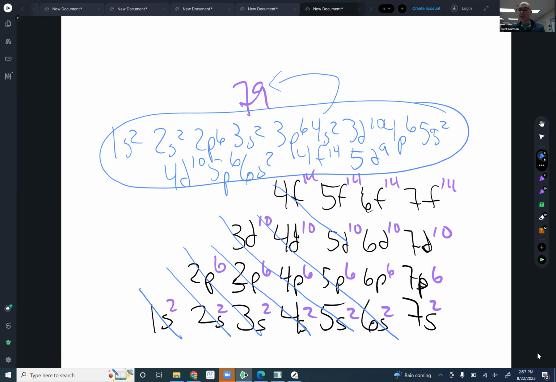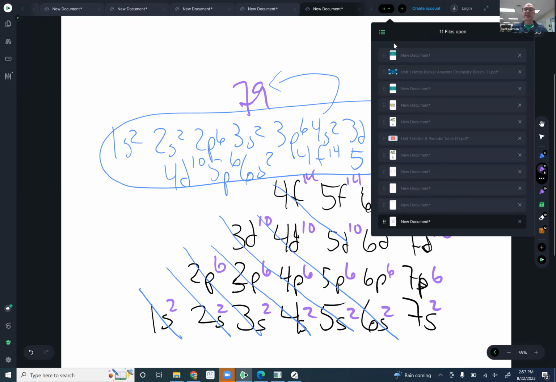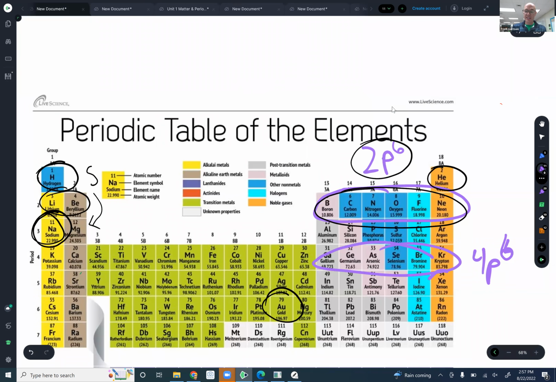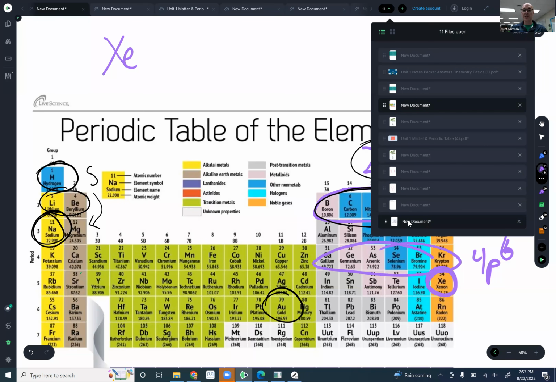Now, to truncate this, gold is on the periodic table on the 6th energy level. It means I can write xenon as my shortened form and then add in all of the last remaining parts of this.